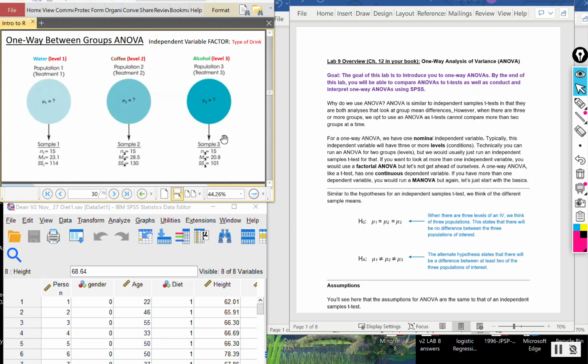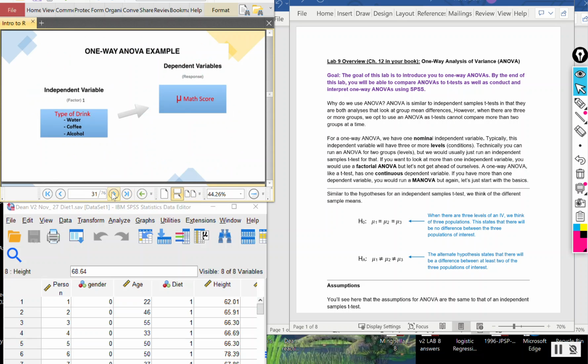So what do we have here? I'm going to go ahead and move into this. This is a one-way ANOVA example. We have our independent variable, the type of drink, and the levels are water, coffee, and alcohol.